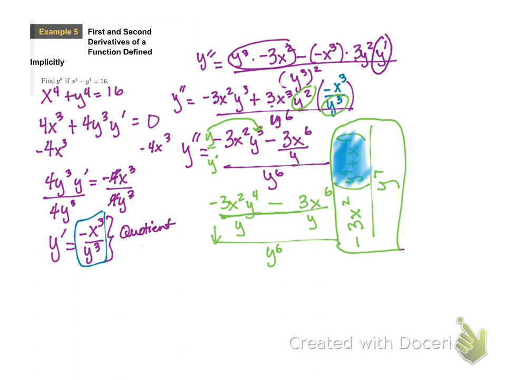So the last simplification here is to take out that y to the 4th plus x to the 4th and plug in 16. So when you simplify, your final answer is negative 48 x squared over y to the 7th.